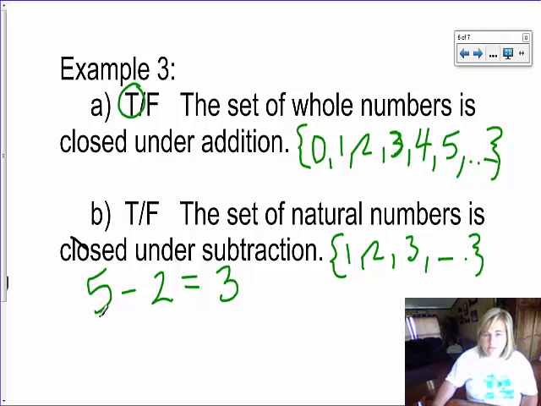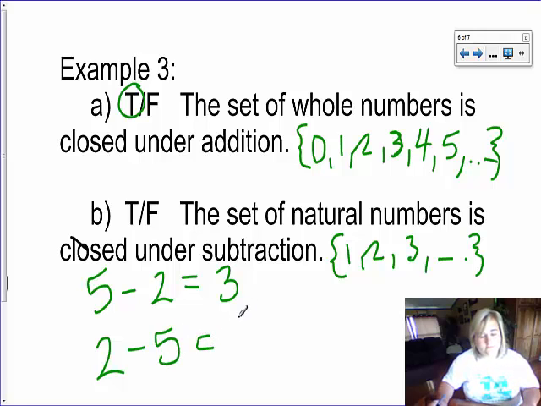But what if I switch these two numbers around? 2 minus 5, what does that get us? Well, that, you should know, gets us a negative 3. Is negative 3 a counting number? No, negative 3 is an integer. So this one would be false.